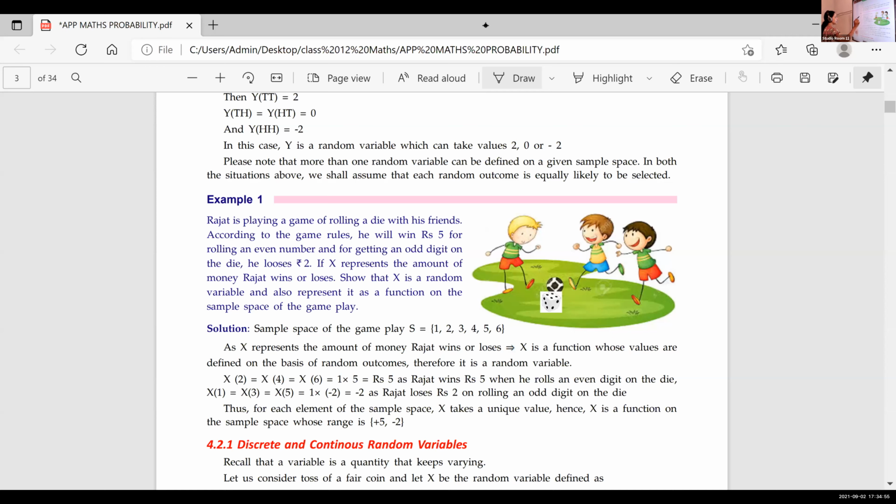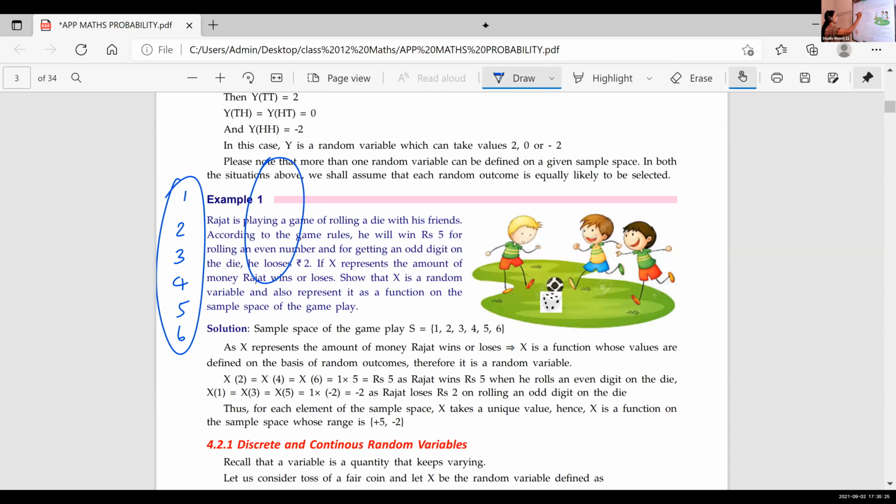How to prove it is a function? When we throw a die, what are the outcomes we will get? 1, 2, 3, 4, 5, 6. And what is given? Whenever he gets an even number, he will win ₹5. So even number means he will win ₹5.